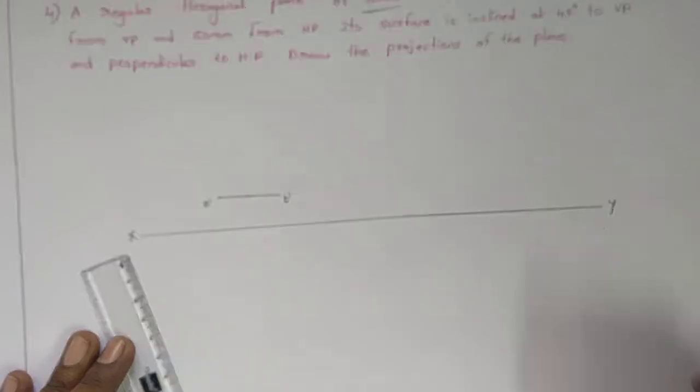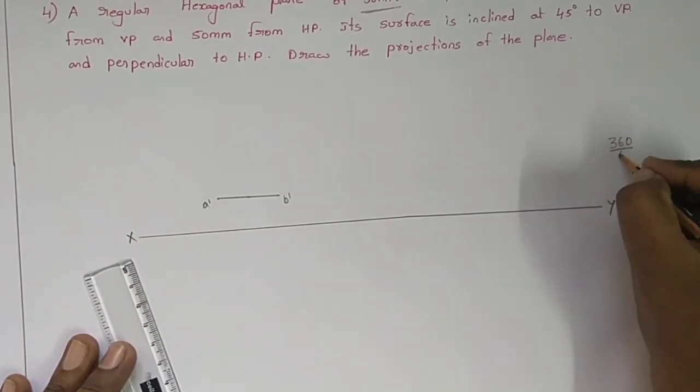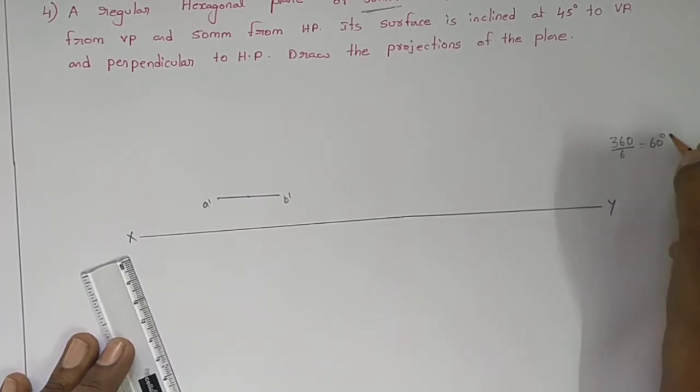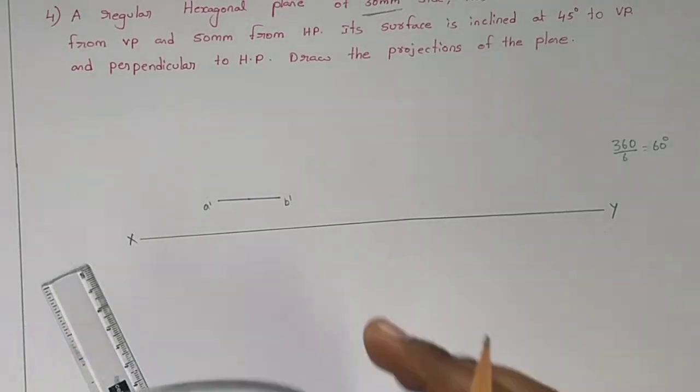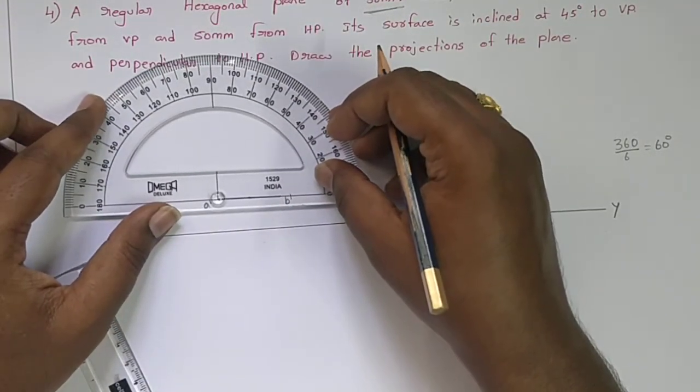Next we need to draw inclined lines: 360 degrees divided by the number of sides, 6, gives 60 degrees, so we draw two inclined lines from both ends at 60 degrees.